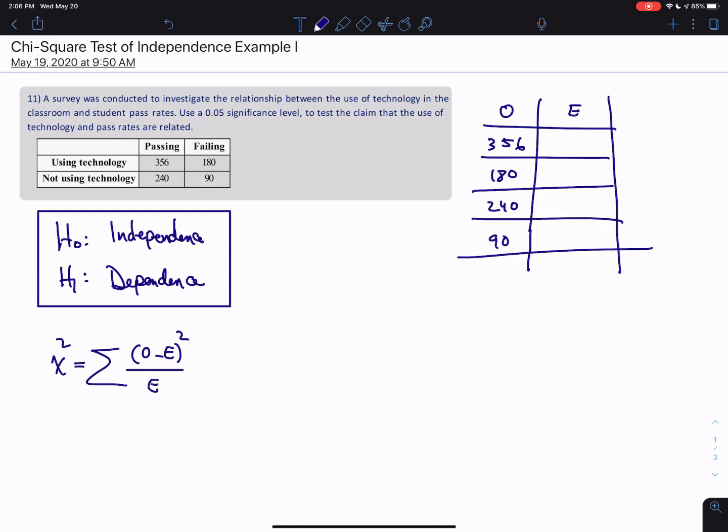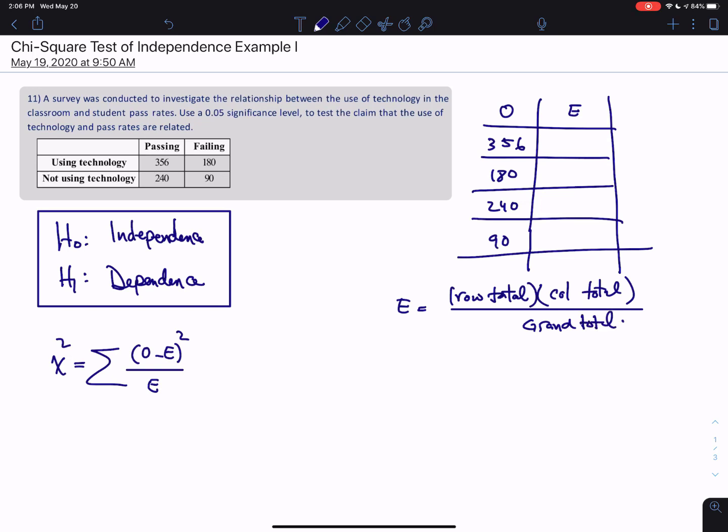We're not going to do this manually, we're going to do this in Excel, but I just want to show it to you here. And you will then have to find all the row totals and column totals, and I've done that on an Excel sheet. And remember, the way you calculate the expected frequency for the test of independence: you take the row total of the number you're trying to find the expected frequency for, multiply it by the column total, and then divide it by the grand total.